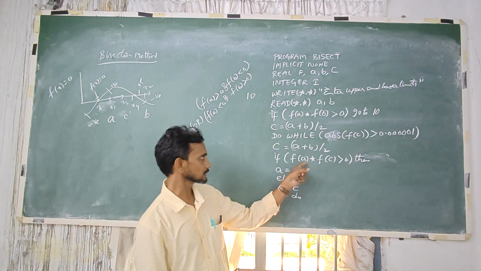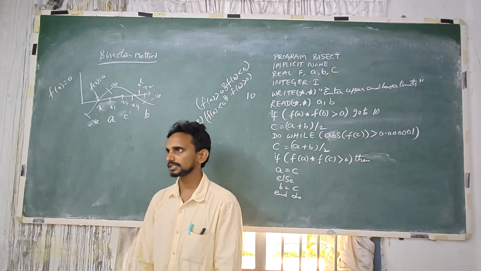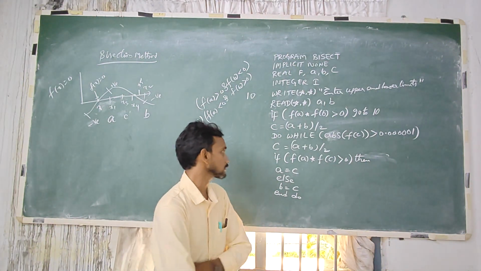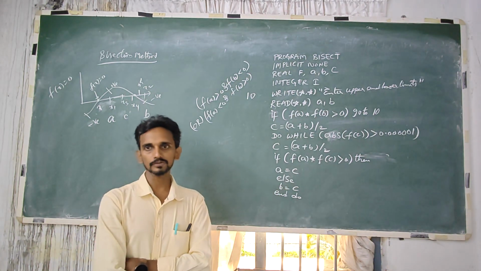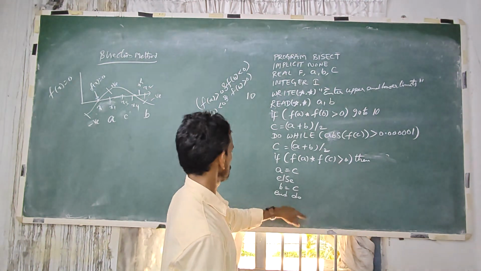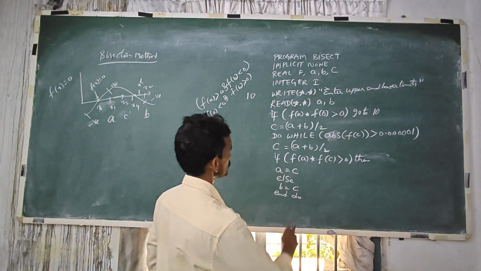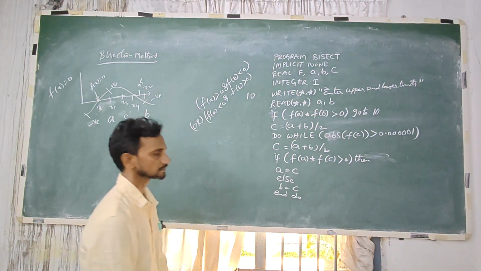Otherwise, else అంటే ఏంటి? This product is less than 0. So product is less than 0 means we have to keep both a and c. I have to replace b. Upper limit becomes c. So with that, the process continues till we reach required accuracy.